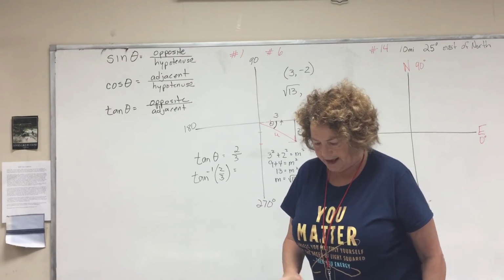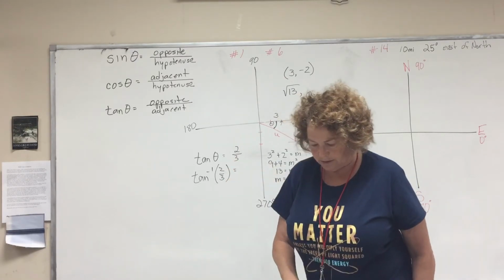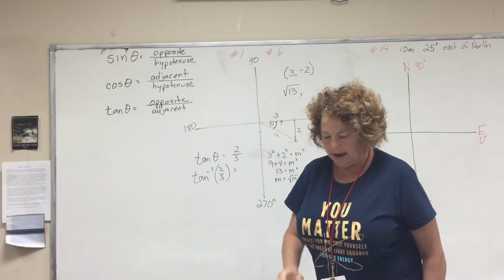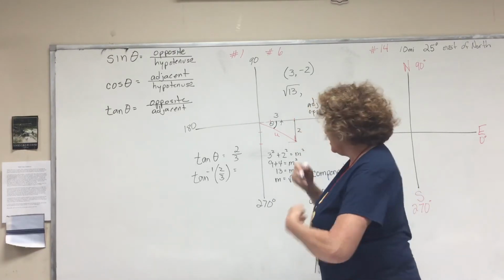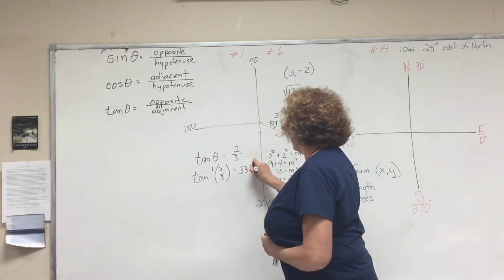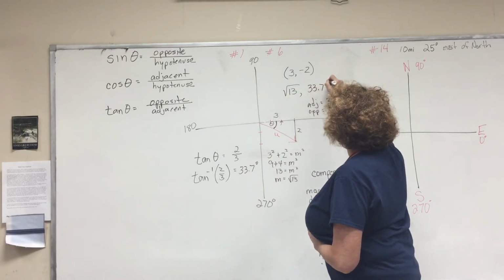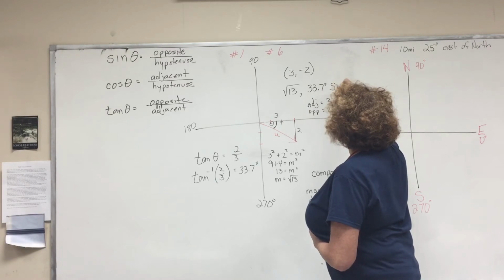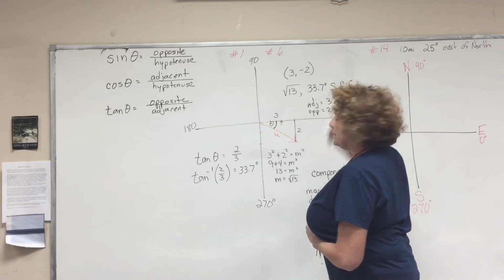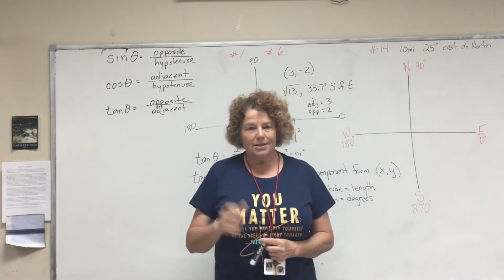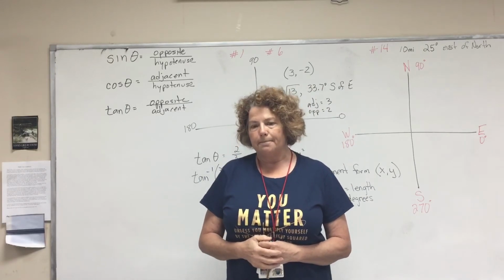Second tan 2 divided by 3. And you get 33.7. So you would say it's 33.7 degrees south of east. Okay? That's the way I believe your book wants you to put it right now.